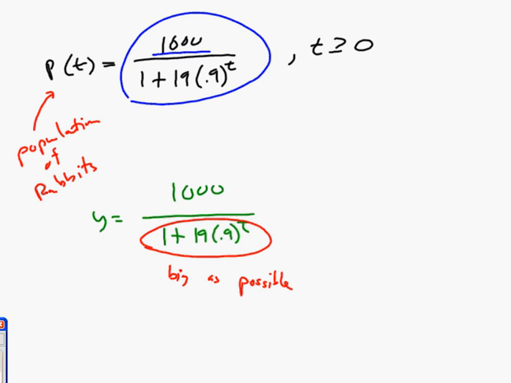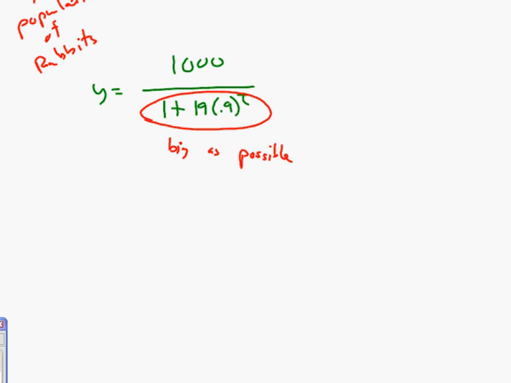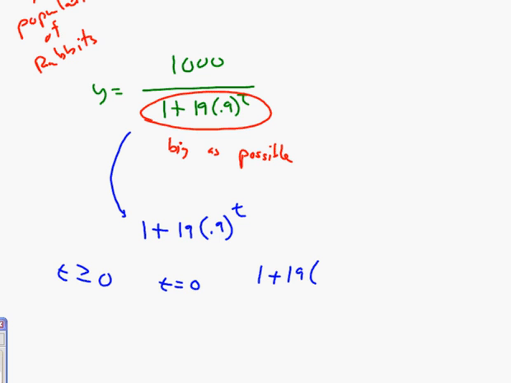Let's start looking at the denominator by itself. That denominator, 1 plus 19 times 0.9 to the t. Okay, and let's start thinking about the t values, which we're restricted to. t is greater than or equal to 0. So since we're starting at 0, we might as well plug that in. So if t equals 0, we'll get 1 plus 19 times 0.9 to the 0.